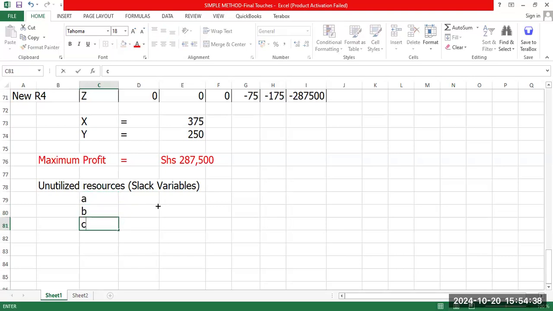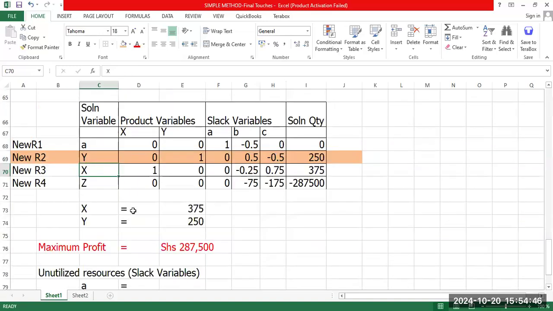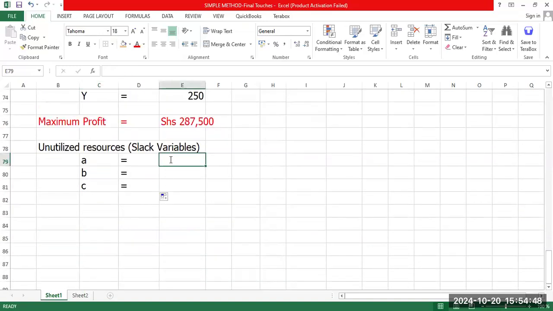You don't have C, based on your solution variable here. A is 0. You don't have B, you don't have C. So it means that everything is 0. So you don't have any unutilized resource.